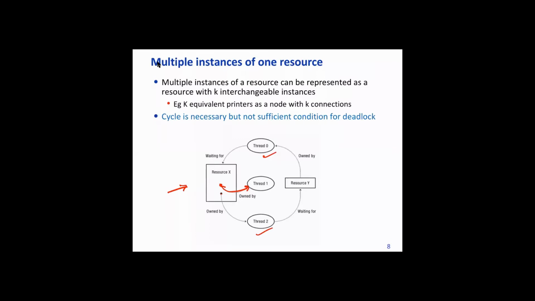So these are corner cases. This is the reason we say these four conditions are necessary for deadlock, but not sufficient conditions. So there are some cases like this.